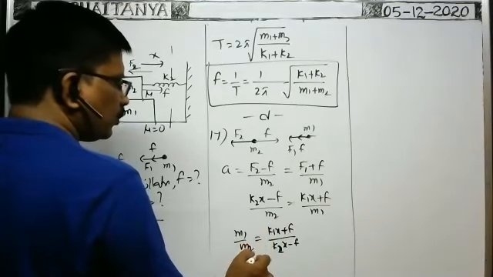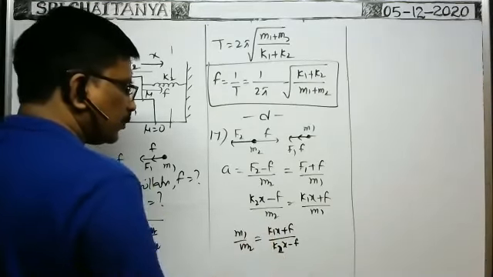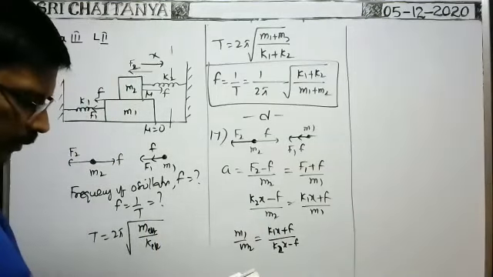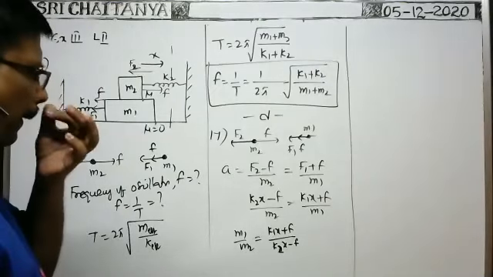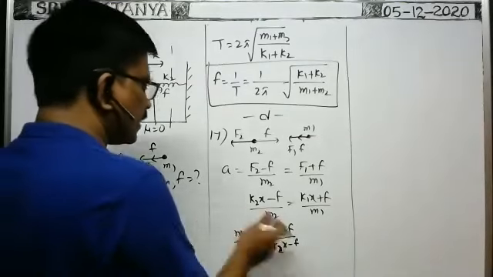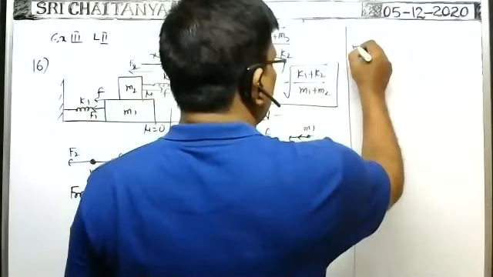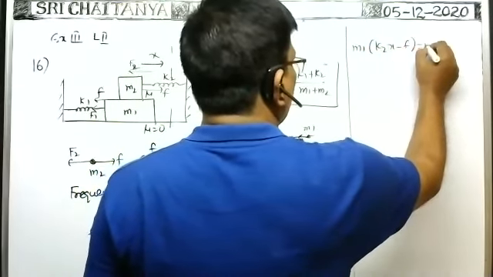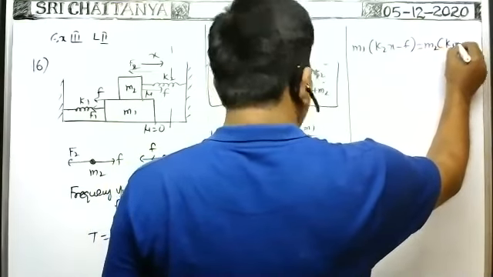So M1 by M2 is definitely greater than K1 by K2, no? M1 by M2 greater than K1 by K2. Or to write in another way, just do cross multiplication. M1 into K2x minus F is equal to M2 into K1x plus F.